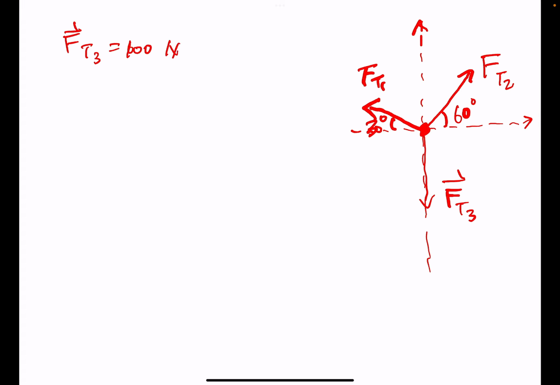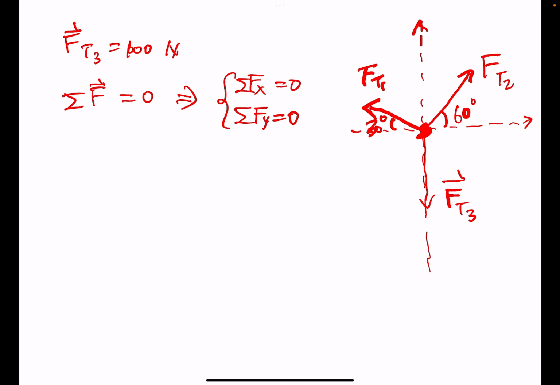And this point is not moving, so this point is at rest. If you sum over all the forces at this point, they have to add up to 0, which also means the net force in the x direction equals 0, and the net force in the y direction equals 0.